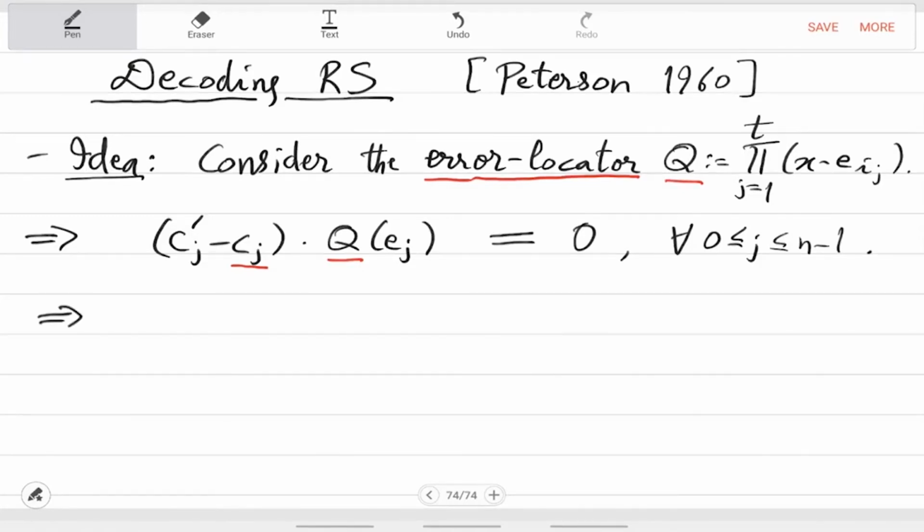So what is Cj? Cj is P(Ej). So P times Q at Ej is equal to Cj prime times Q at Ej.